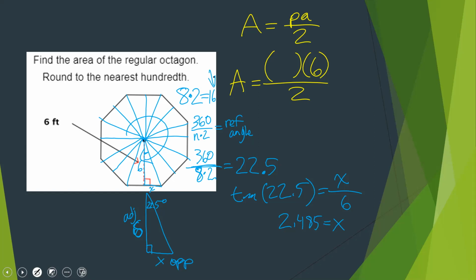When you multiply, the perimeter p is going to be equal to our n times 2 times x. In this case, that's going to be equal to 8 times 2 times 2.485, which is going to be equal to 39.764.